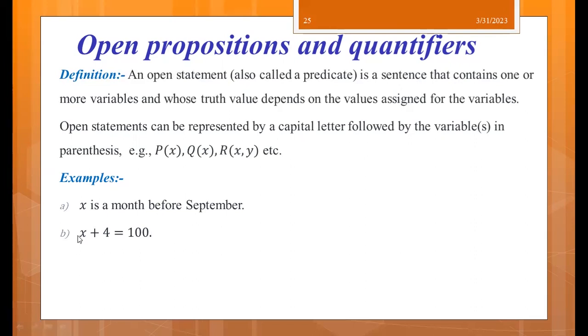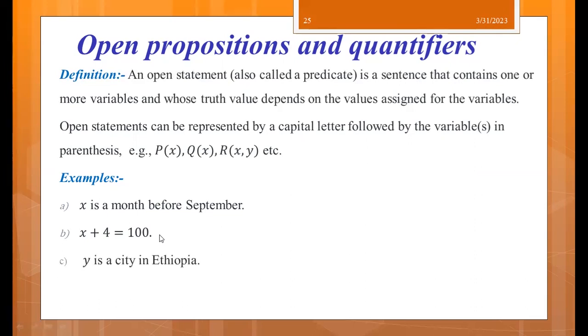If the value that replaces x gives 100 when added with 4, the truth value of the open statement is true. But if we replace x by a number that, when added with 4, gives something different from 100, the truth value is false.